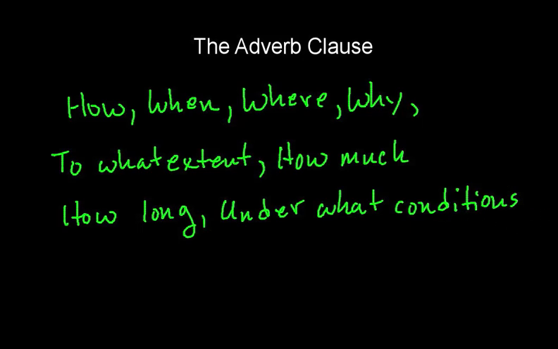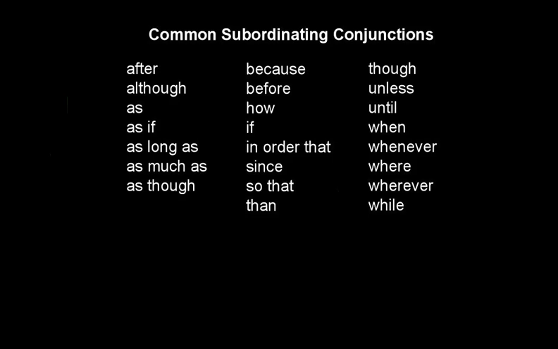So let's look at a couple of things that would make an adverb clause an adverb clause. The most important thing you have to remember is that adverb clauses begin with subordinating conjunctions. And as you can see, there are quite a few subordinating conjunctions. These are the common subordinating conjunctions. This is not an exhaustive list.